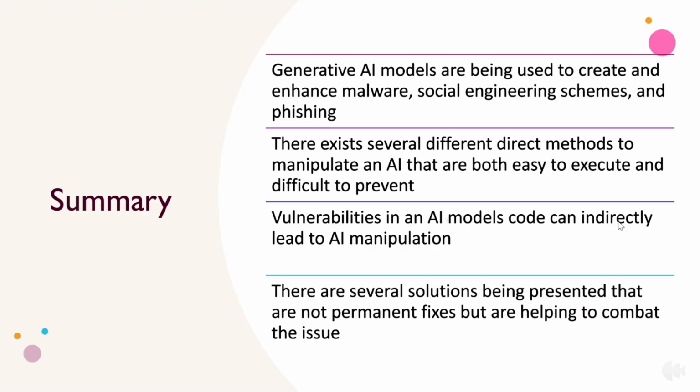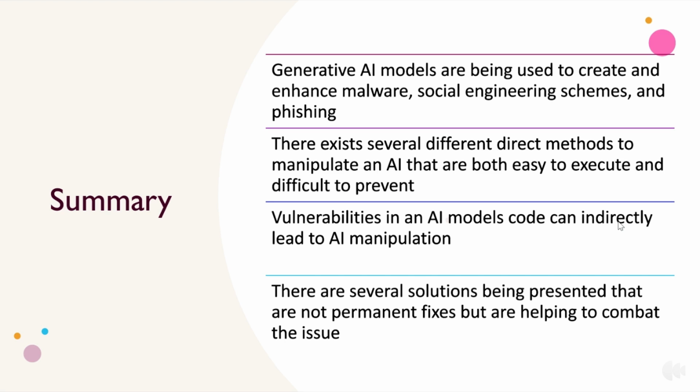So to summarize everything that was discussed, to answer all 4 questions, first, generative AI models are being used to create and enhance many different types of cybercrime, including malware, social engineering schemes, and phishing scams. There exist several different direct methods to manipulate an AI that are A, both very easy to execute, and B, somewhat difficult to prevent due to the AI model's code.